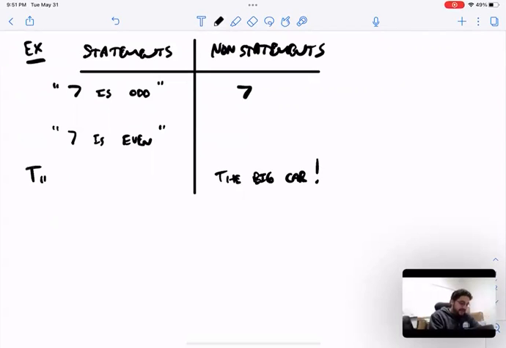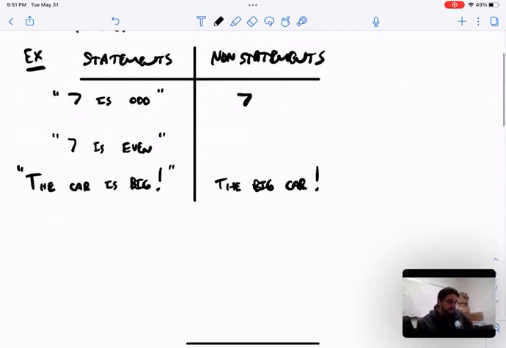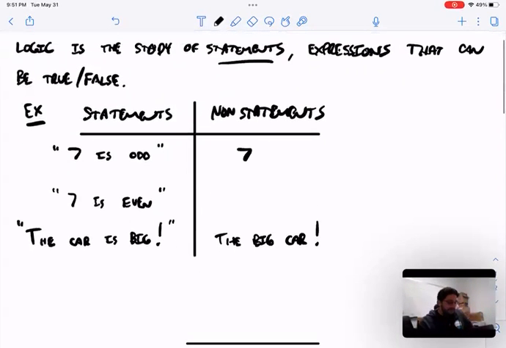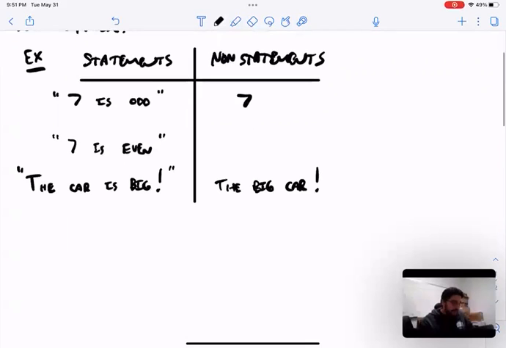But I could say the car is big. That's a statement. It could be true, it could be false. And again, maybe it's up to opinion. Maybe some people think it's big, maybe some people think it's not big. But at least for some definition in some context of all of those terms, it's a full claim that could be true or could be false. So this is the idea of statement or not a statement.